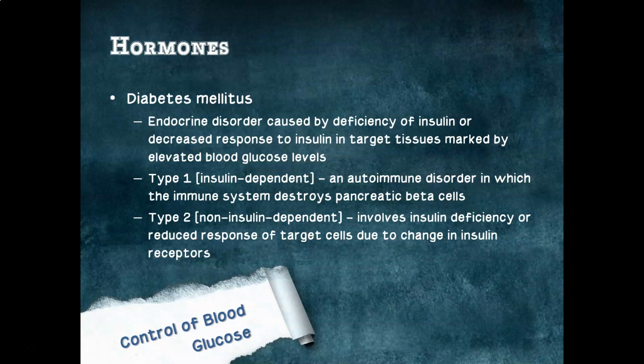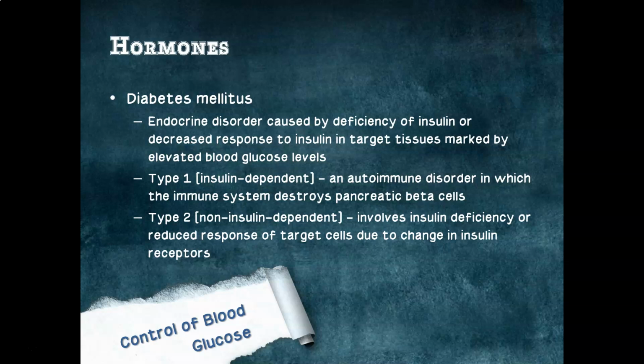So what are some issues with the control of your blood glucose? Well, diabetes. Diabetes mellitus is an endocrine disorder caused by the deficiency of insulin, or the decreased response to insulin in your tissues. So it can either be type 1 diabetes, insulin dependent.